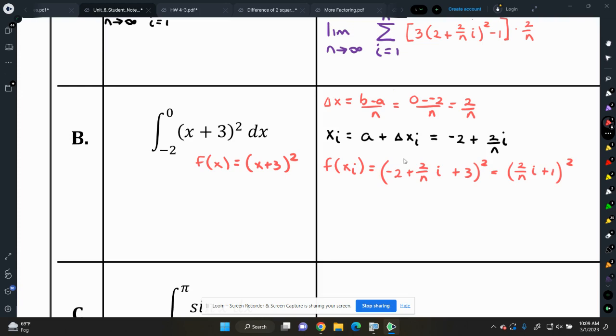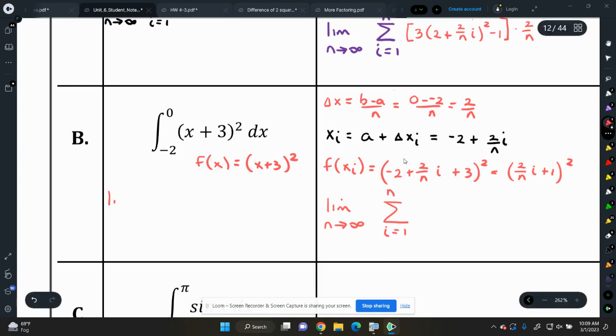Okay, so we're looking at the limit. A lot of times I forget the limit part. Don't forget that. It's very important. The limit as n approaches infinity, the summation of i equals 1 to n of f of x sub i times delta x, all right?